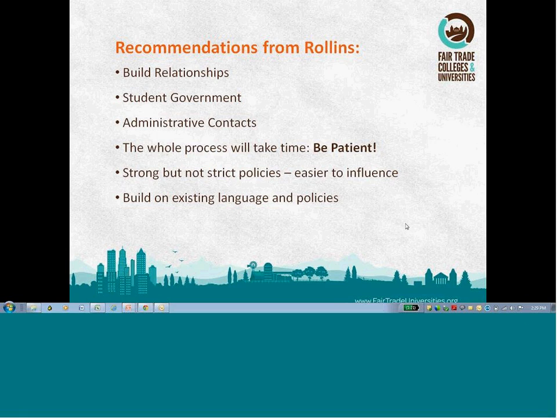We are adding more, and we're doing research. One of the things that I failed to mention earlier was do your research on your companies, on your vendors. For us, our dining services is run by Sodexo. Our bookstore is Follett. We did a lot of research beforehand to find out what kind of policies they have in place. For instance, on Sodexo's website, they say that they have approved 80 fair trade items.